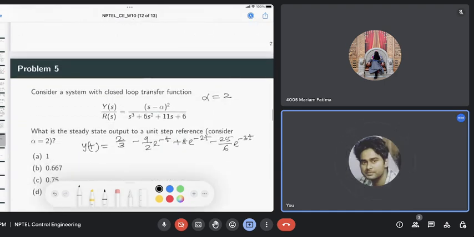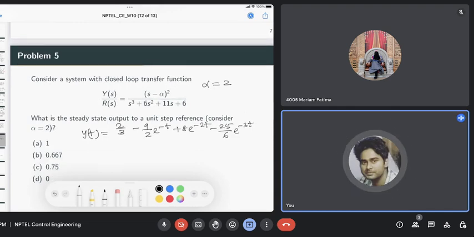Okay, so we are given this time response. As you can see, as the time becomes very high, that is, it goes to infinity, for high values of t, these terms will decay to 0. Excluding the first term, all the terms will decay to 0, right?